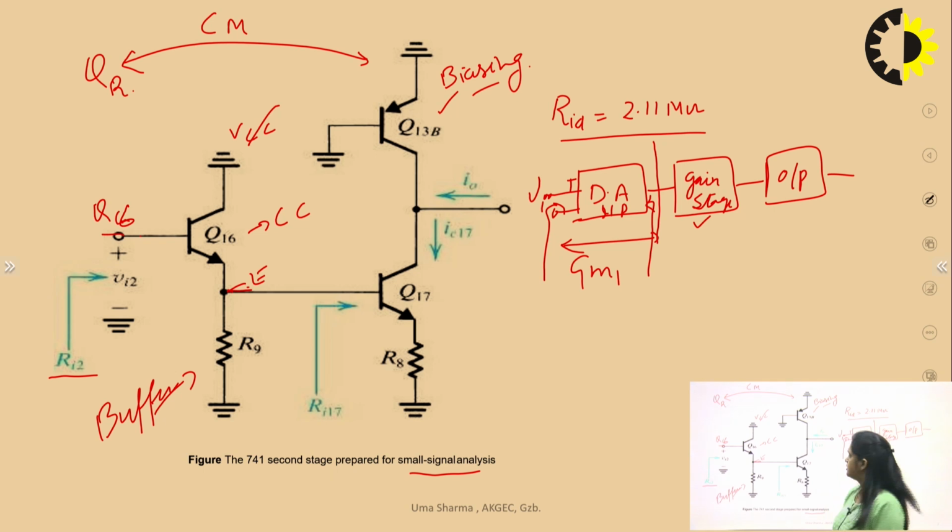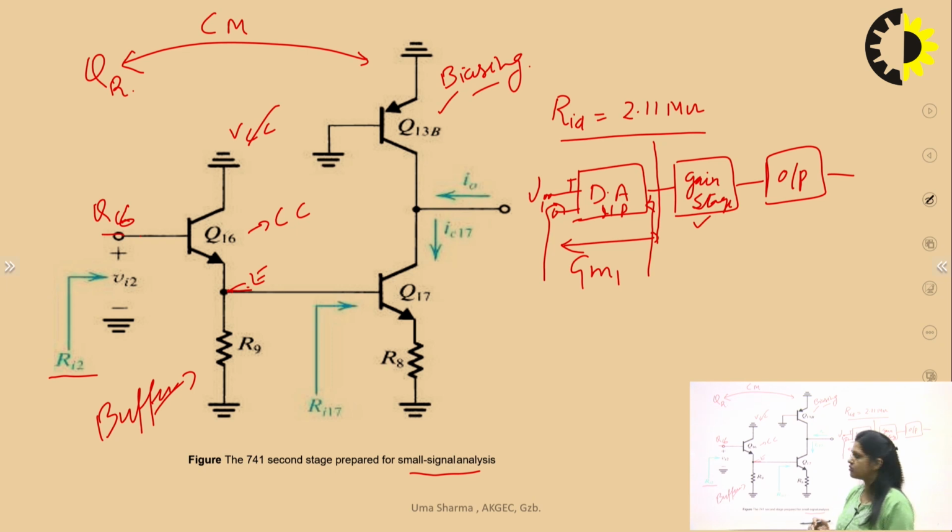So let's see how we can calculate the input impedance of this second stage, because our motive is to perform small signal analysis on this circuit. This is the complete diagram of the second stage, which includes only 3 transistors, Q16, Q17 and Q13B.